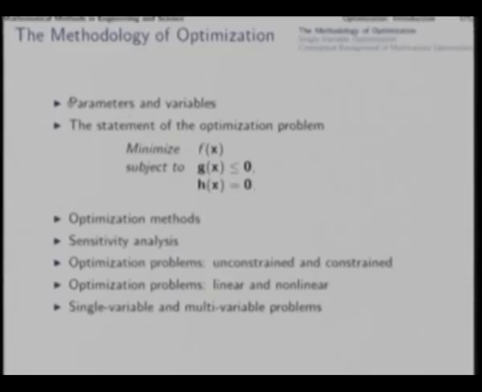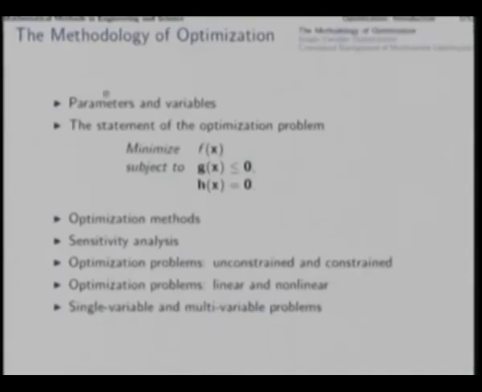So, in that case, after you have got the solution in hand, then you conduct a sensitivity analysis. You try to find out how sensitive this solution is to the values of those parameters.